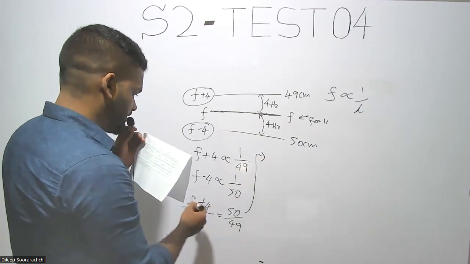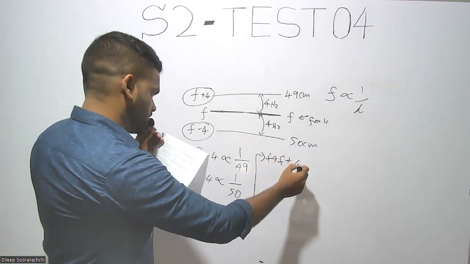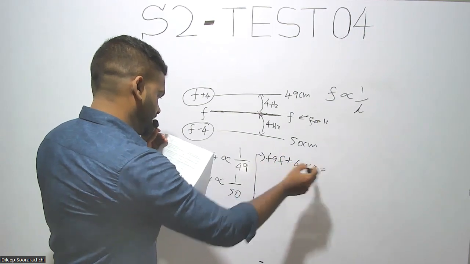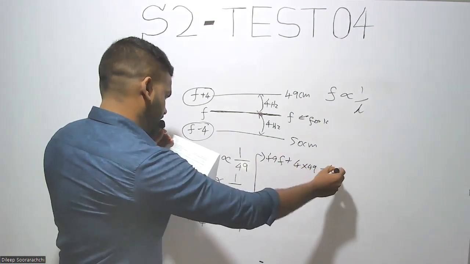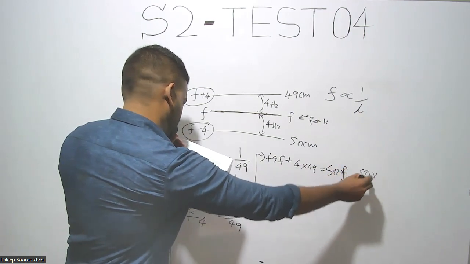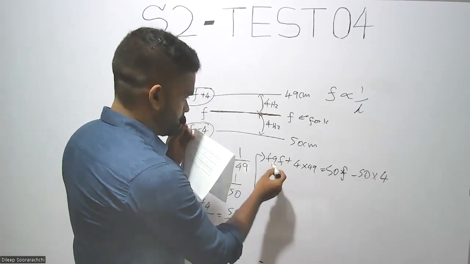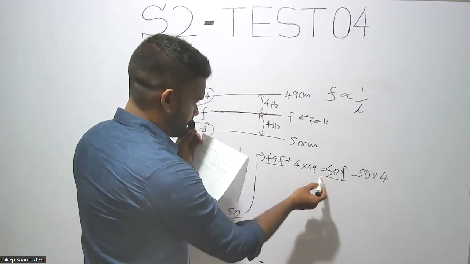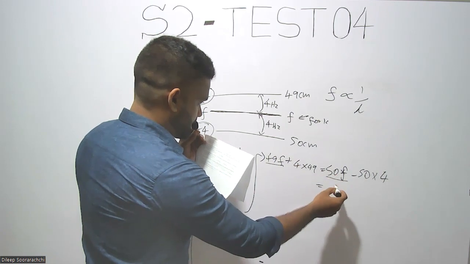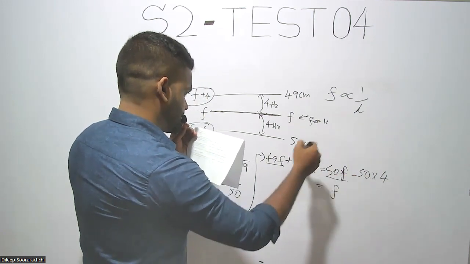Then you have to simplify this. 49 times f plus 4 times 49 equals 50 times f minus 50 times 4. 49f, 50f. So if you subtract that, this becomes f. Get this to this side.